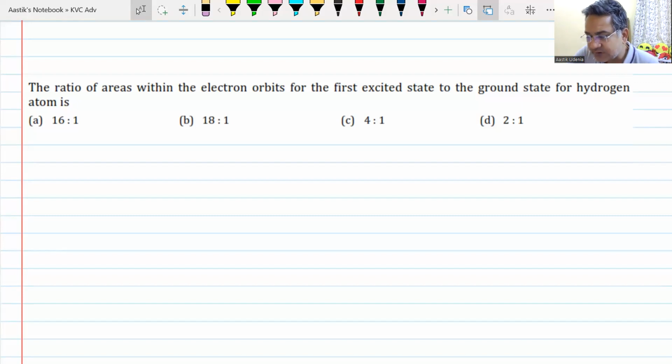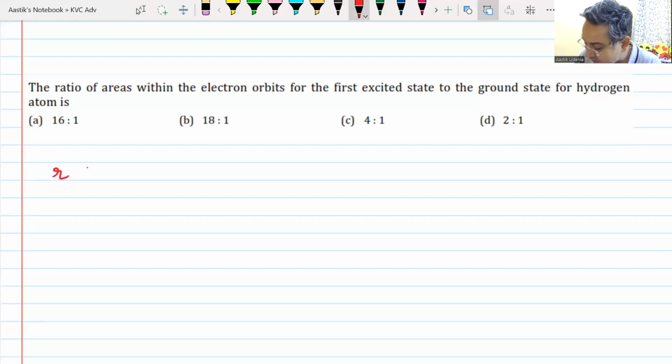And this is the first question, sir. The ratio of areas within the electron orbit for the first excited state and the ground state for hydrogen atom is... And the answer is 16 is to 1. Why is the answer 16 is to 1?